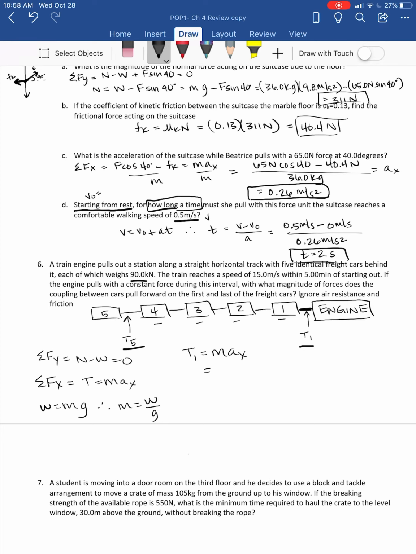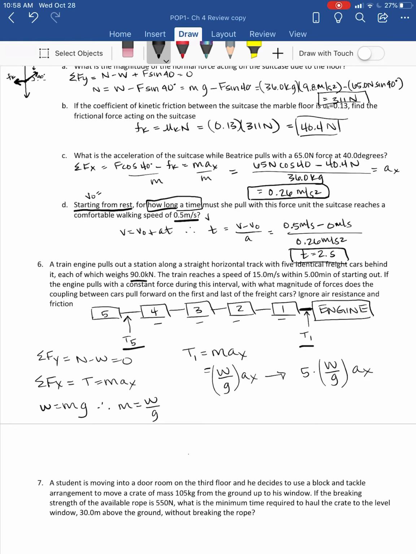So we could plug that in for mass there. And how many of them are there? Well, there's 5 of them. So we could say 5 times weight over gravity.